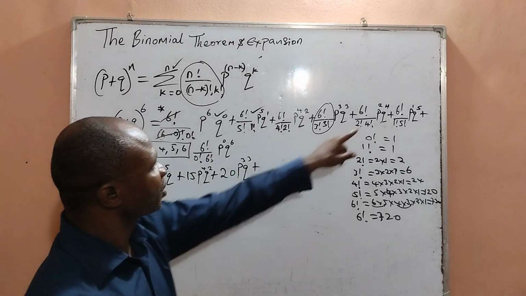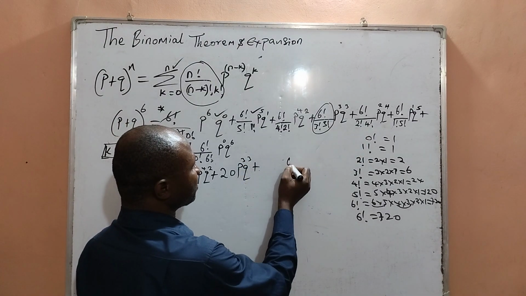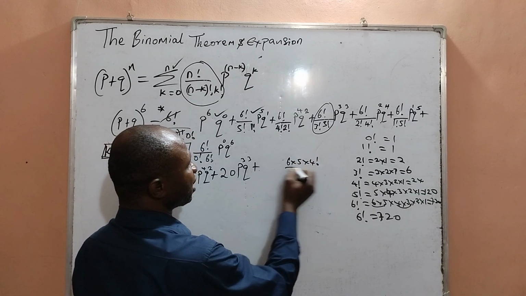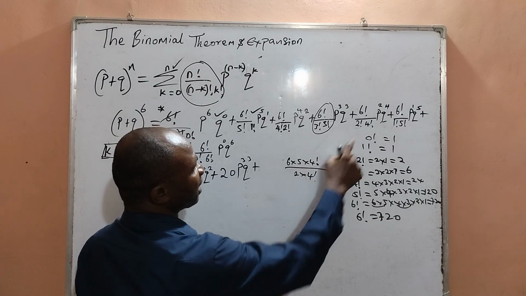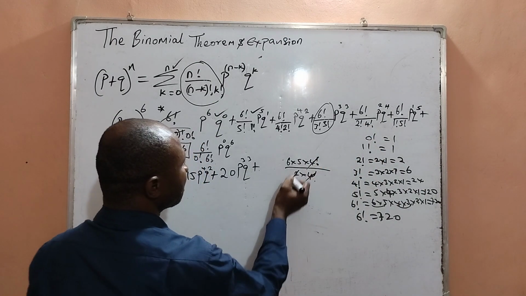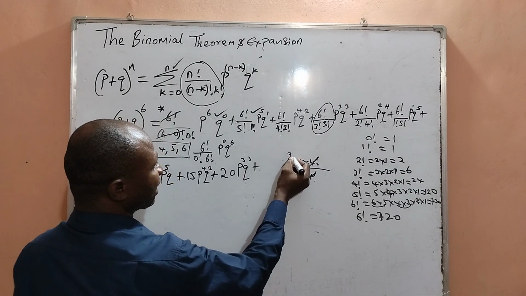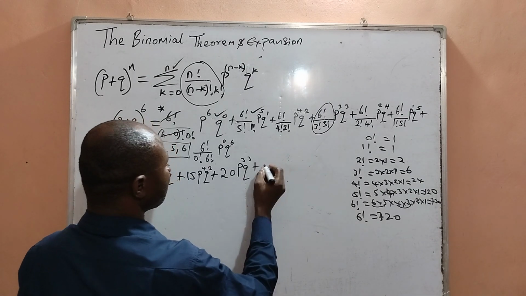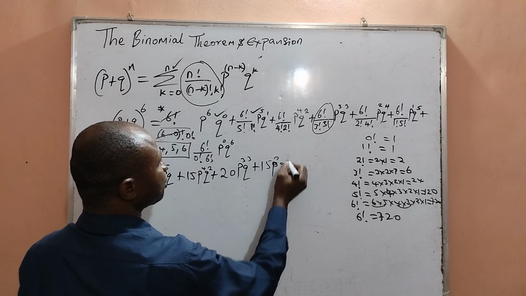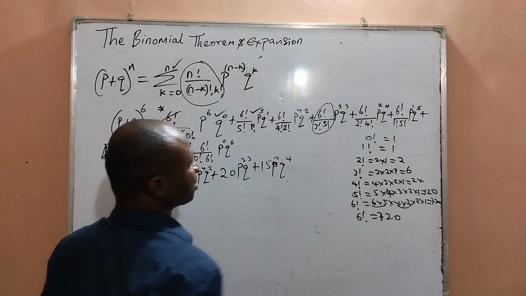I continue. In this case, I have 6 factorial, which is 6 multiplied by 5 multiplied by 4 factorial, all over 2 multiplied by 4 factorial. This 2 factorial is 2, and 4 factorial will cancel out 4 factorial, leaving me here with 3. Okay, and 3 times 5 is going to give me 15. So I have 15 p to the power of 2 and q to the power of 4, as you can see.